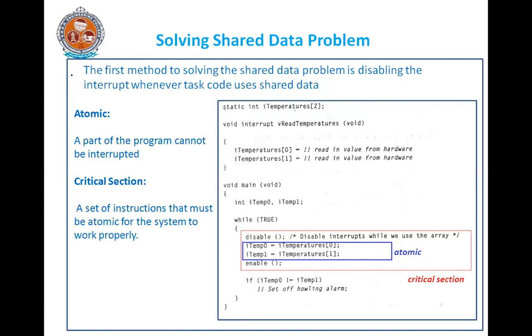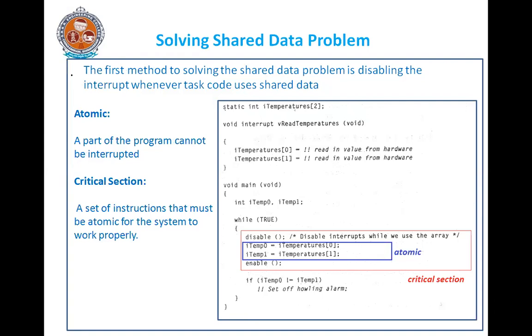A more precise way to look at the shared data problem is that it arises when the interrupt routine and the task code share data and the task code uses the shared data in a way that is not atomic. When we disable the interrupts around the lines of the task code that use the shared data, we have made that collection of lines atomic, and we have therefore solved the shared data problem.